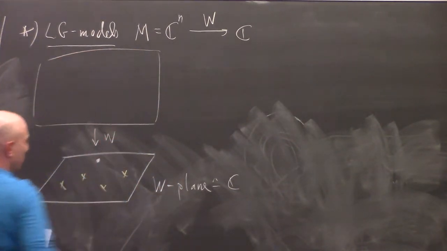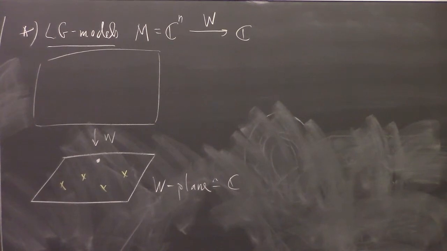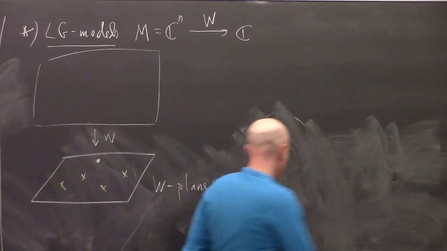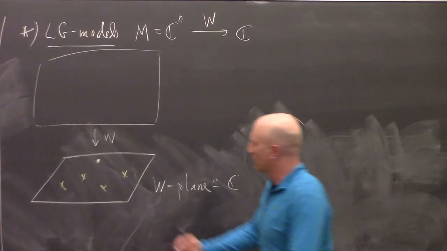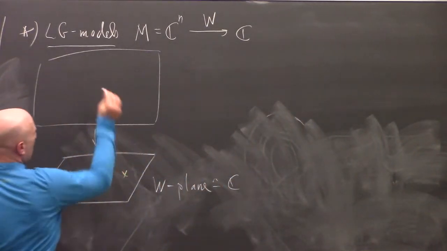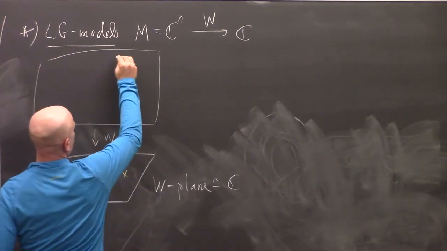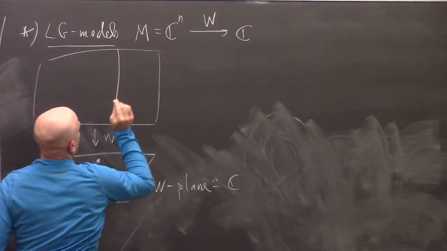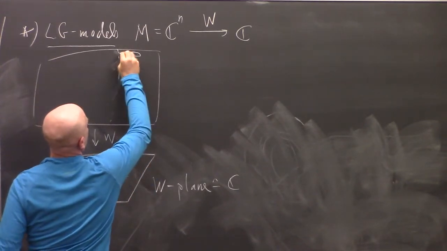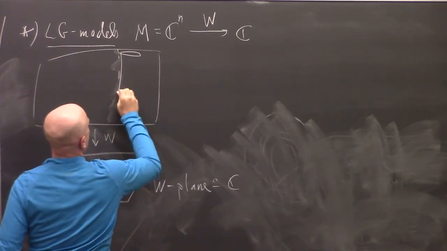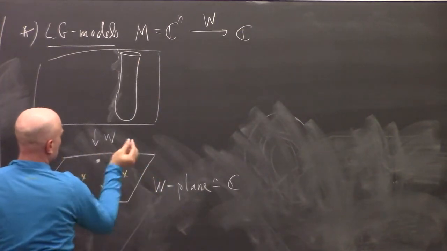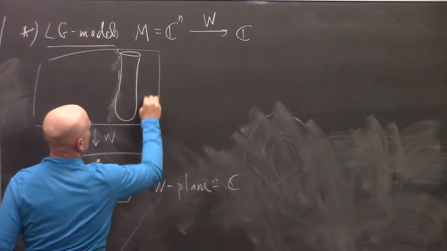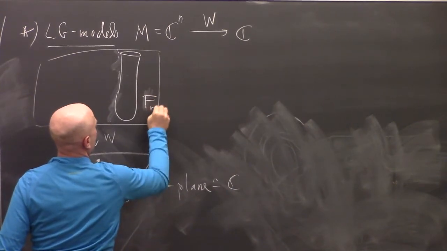So here's W. There are lots of different ways to set up this story. Typically, one needs to pick some extra data here. What I'm going to do is the following. I'm going to first say that I already know in the fiber above this point, so let's call the fiber above this general point F regular.